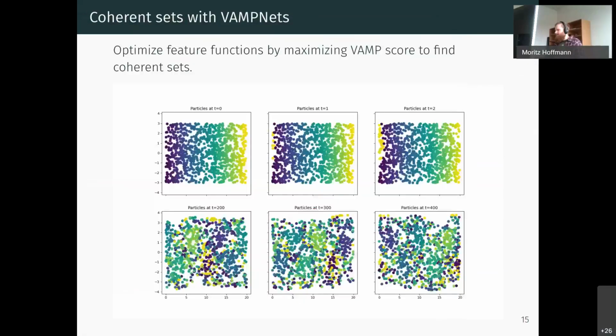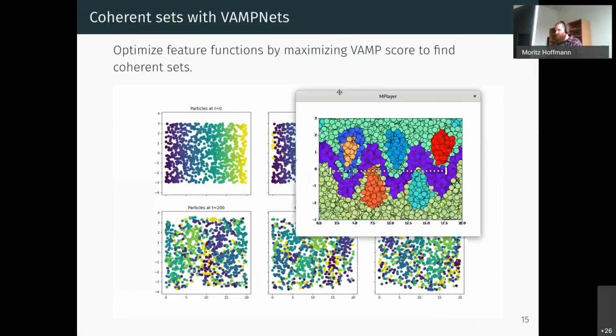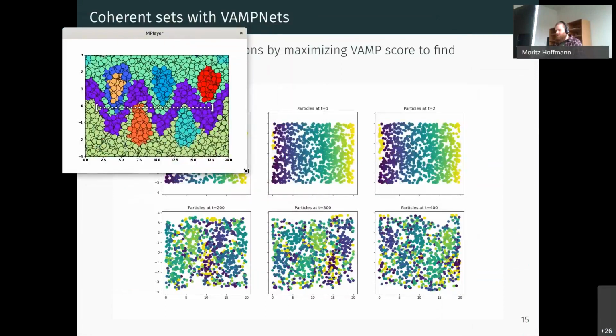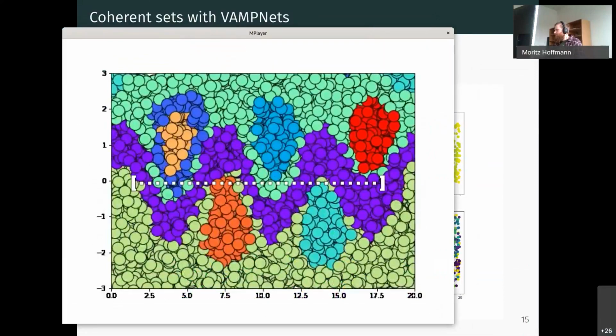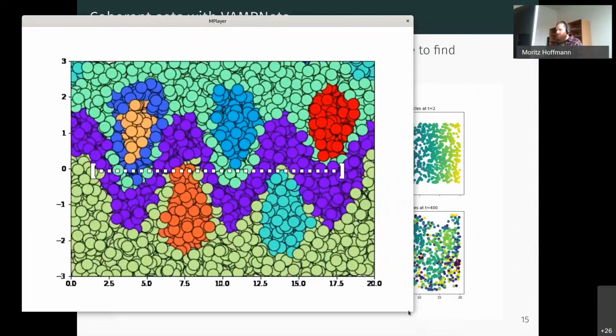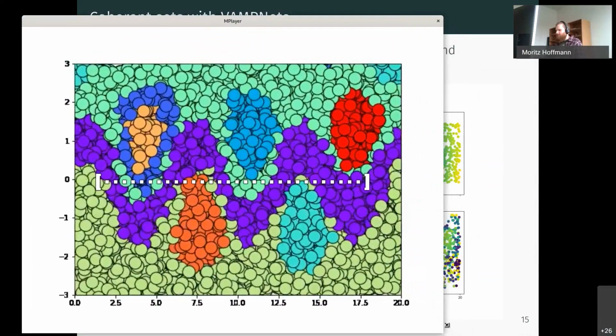If we do that, then we can detect coherent sets, which can look like this.